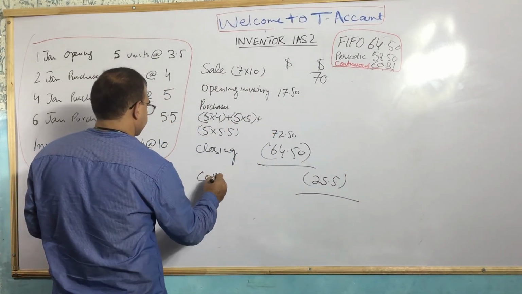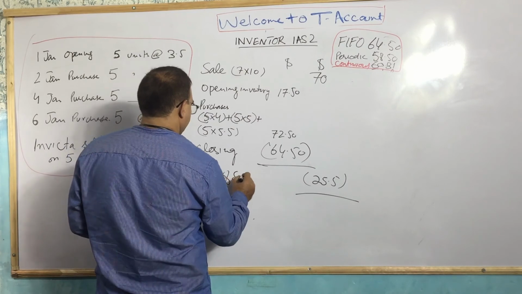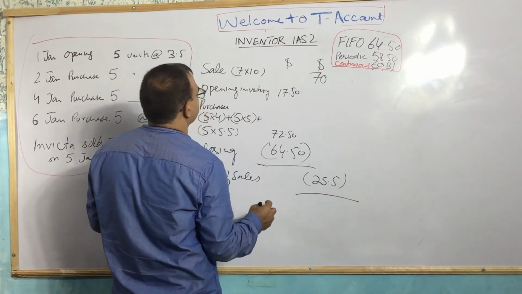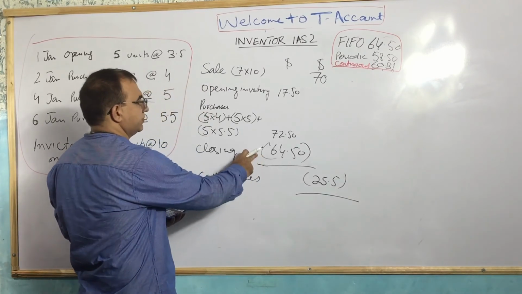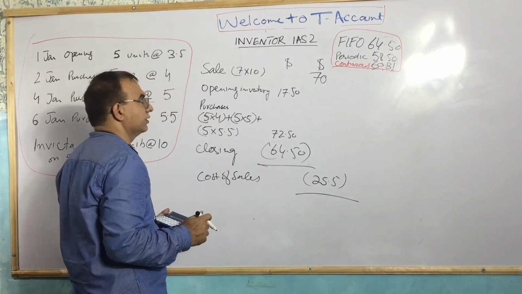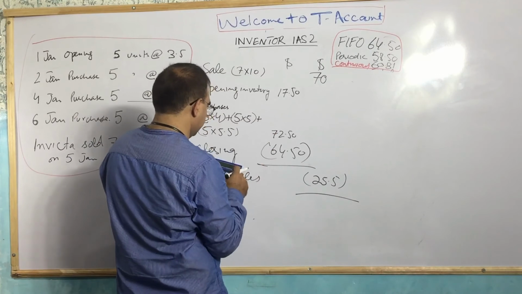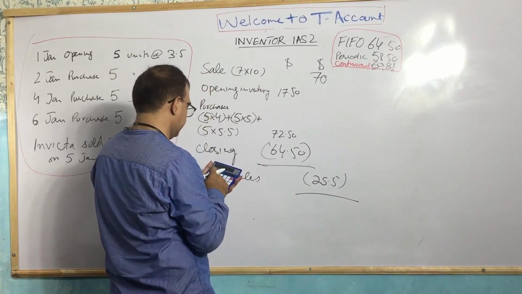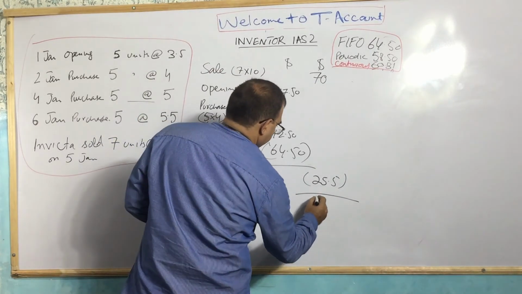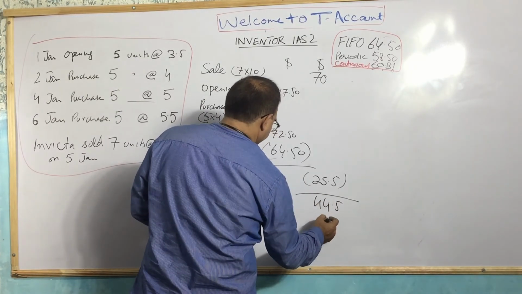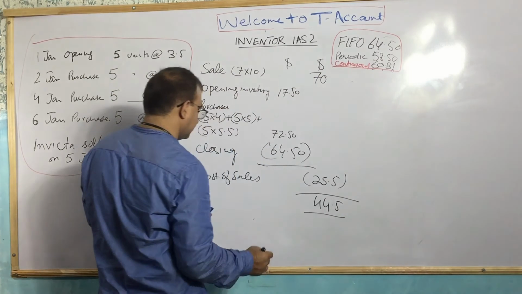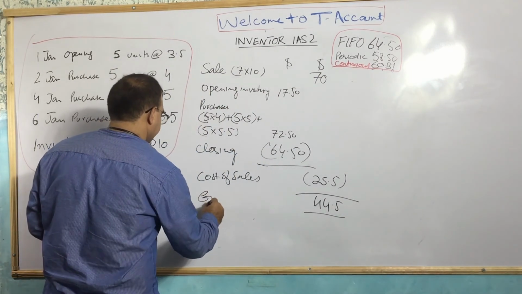Cost of sales using FIFO, because this valuation is based on the FIFO method. Okay. Now deduct it from 70. You have profit of 44.5, gross profit.